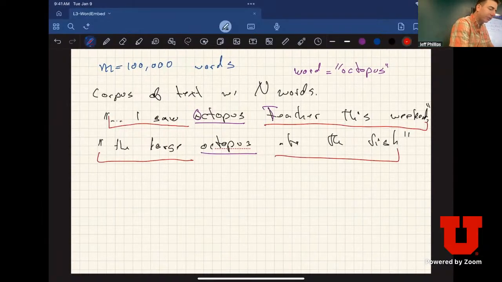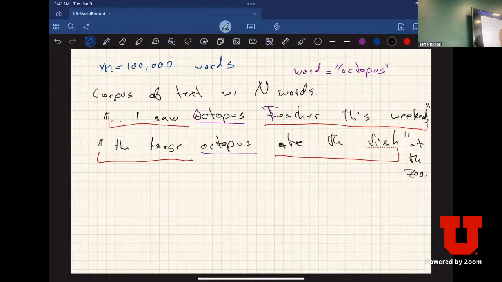If the sentence kept going, ate the fish at the zoo, well, then at the zoo is outside the context window, since I only looked at a context window of size 3.